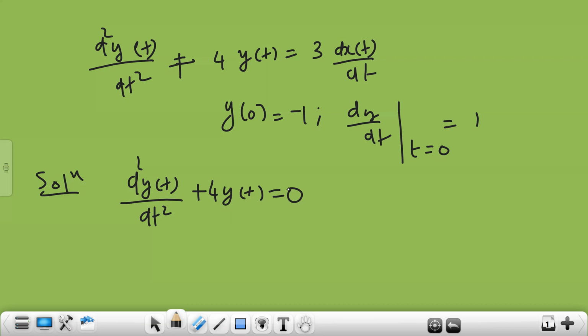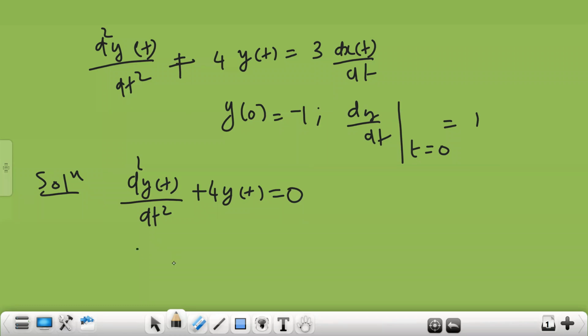Now we need to write the characteristic equation. Can you tell me what is the characteristic equation, anyone? Sir, r square plus 4r is equal to 0.